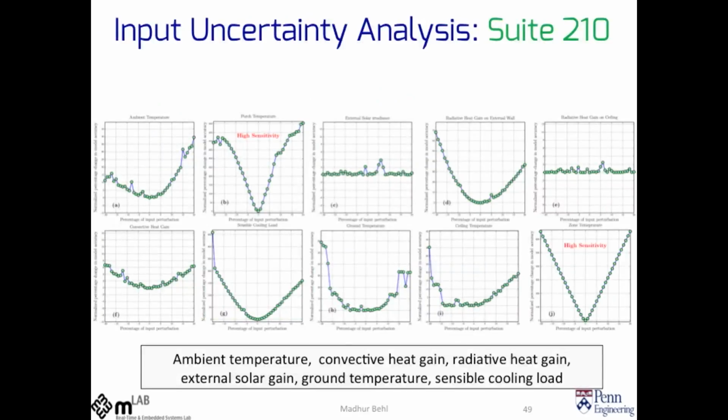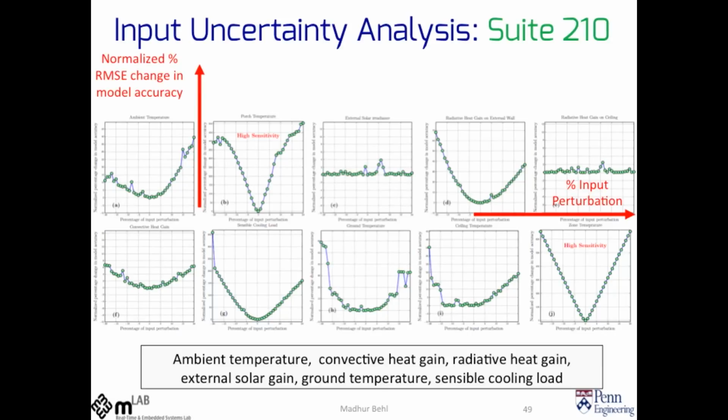So let's look at what the results of that input uncertainty analysis look like. You get these plots, and let me walk you through what's going on here. Every plot corresponds to a different sensor data stream, which is required for you to train the model. And there are two inferences from the plots over here. The first is that the model accuracy, which is plotted on the y-axis, changes inversely as you add more error to each of these data streams, which is plotted on the x-axis.